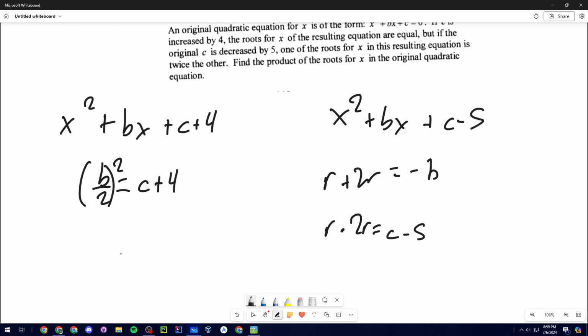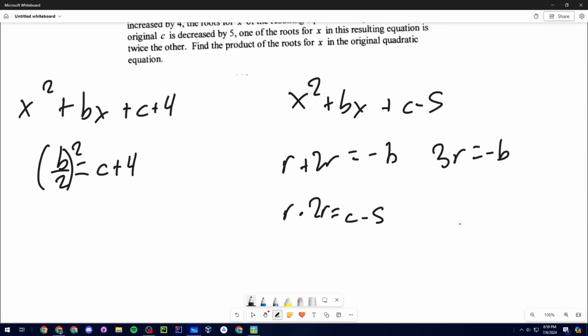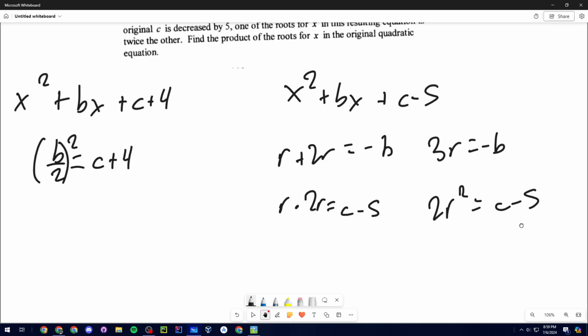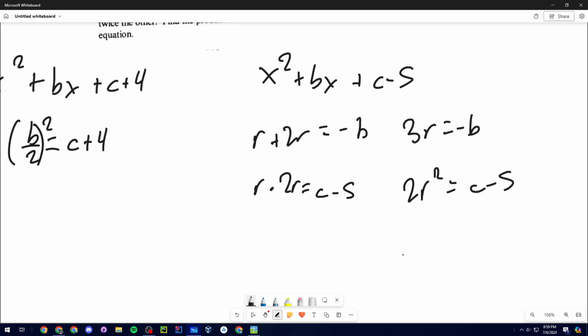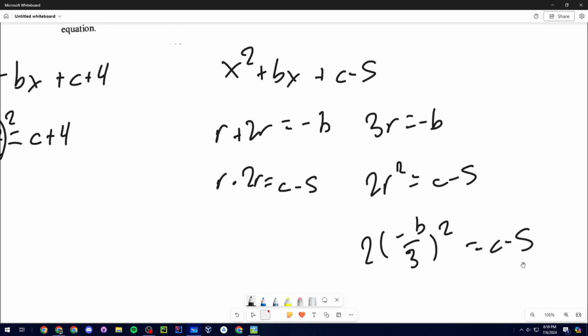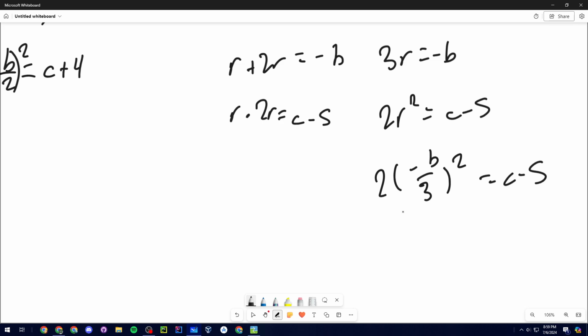So 3r is equal to negative b in this case, and 2r squared is equal to c minus 5. So 2 times negative b over 3 squared is equal to c minus 5, so 2 times b squared over 9 is equal to c minus 5.